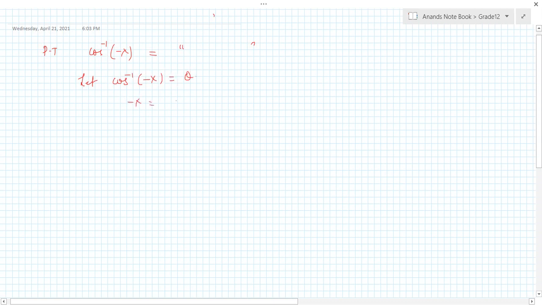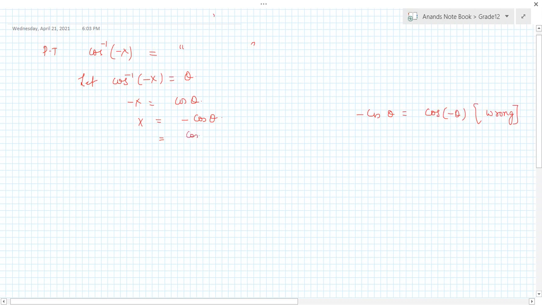Minus x is equal to cos theta. Okay. That means x is equal to minus cos theta. Till here it is fine. Like we did for tan, I can't say minus of cos theta is equal to cos of minus theta, because this will be wrong. So how I will write minus cos theta?